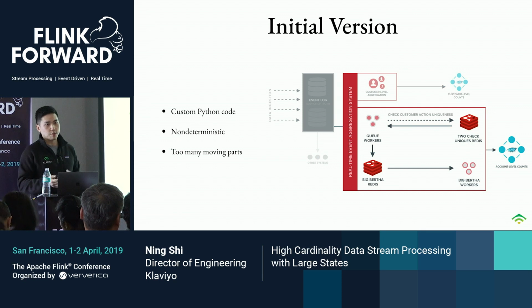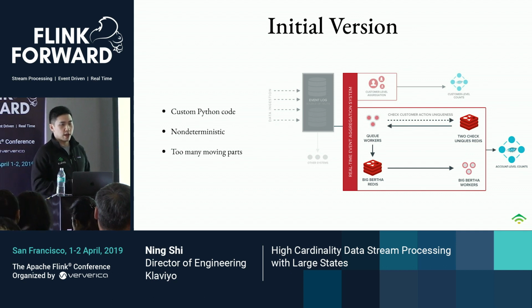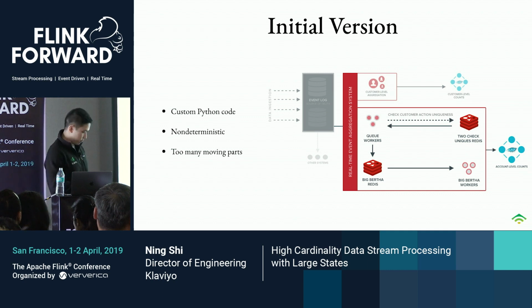So sometimes it ends up with inaccurate results. And also, having so many different clusters to manage is a painful process, because any one of the clusters could have node failures or connection issues, and you have to deal with many moving parts.